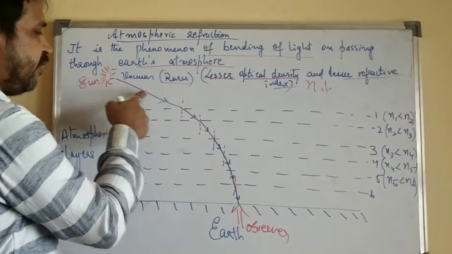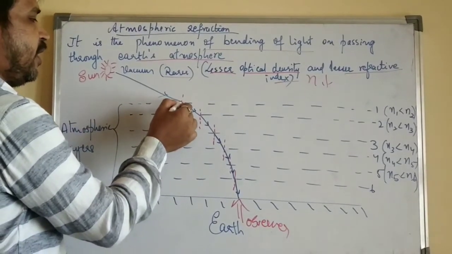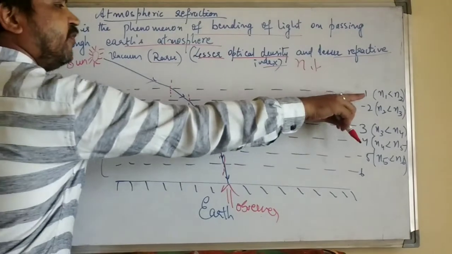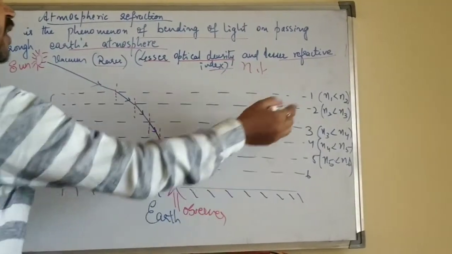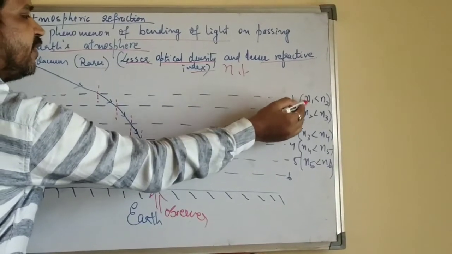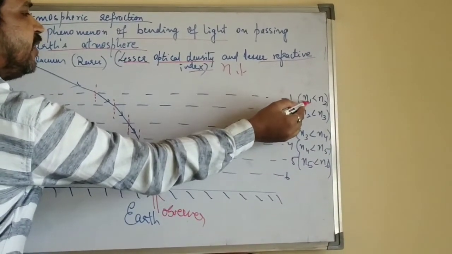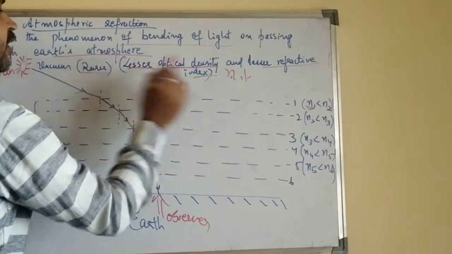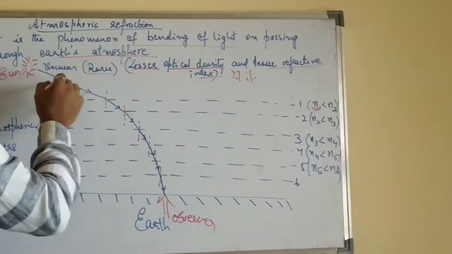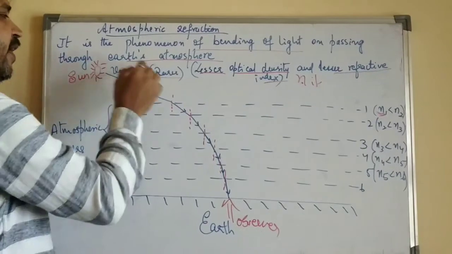Now the same ray of light strikes the first layer of the atmosphere. This first layer has refractive index N1, and this N1 is greater than N. That's why N1 is the denser medium and N, the vacuum, is the rarer medium.